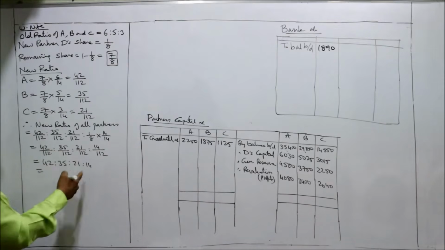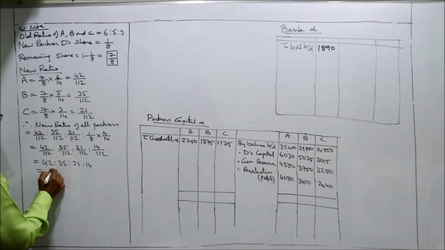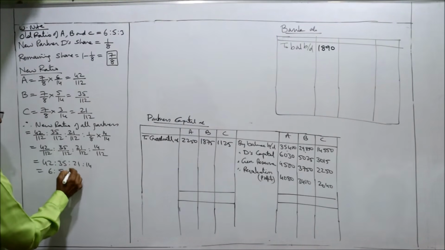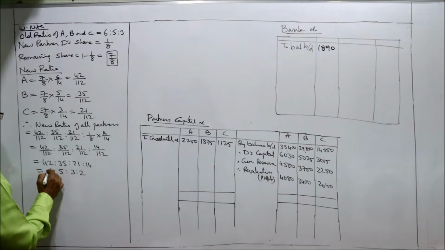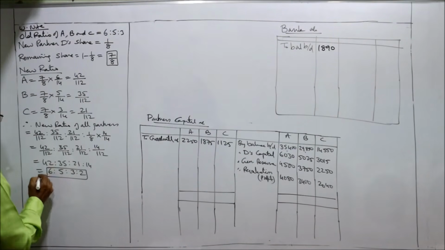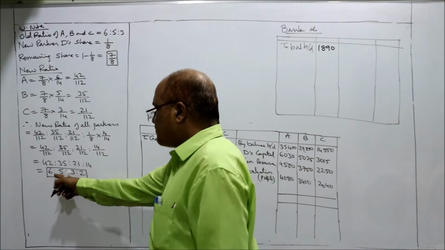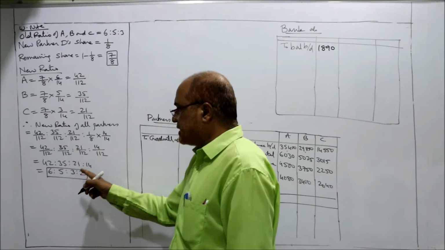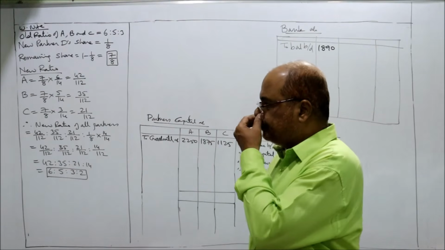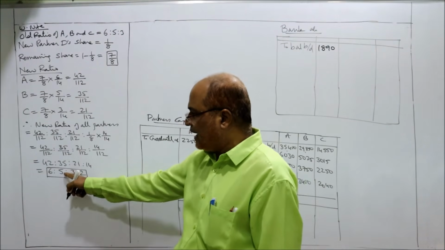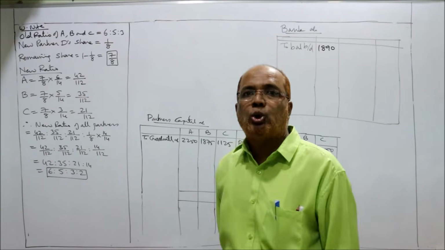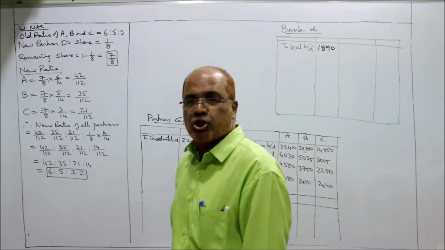Now it is divisible by 7. 7 6s are 42, 7 5s are 35, 7 3s are 21, 7 2s are 14. This is the new ratio. 6 plus 5, 11, 12, 13, 14, 15, 16. So 6 by 16, 5 by 16, 3 by 16, 2 by 16. This is the new profit sharing ratio.